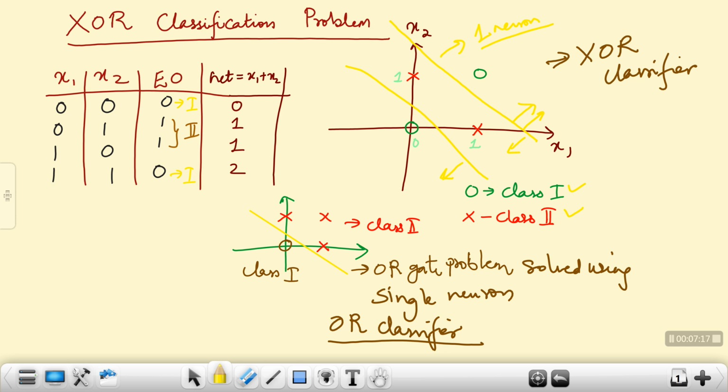We shall now prove how a single neuron cannot solve the XOR classification problem. First, why it is not possible for a single neuron to solve it. Secondly, how to solve this XOR classification problem. Is that clear?